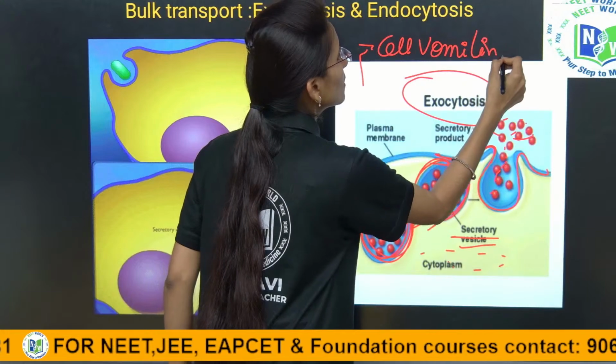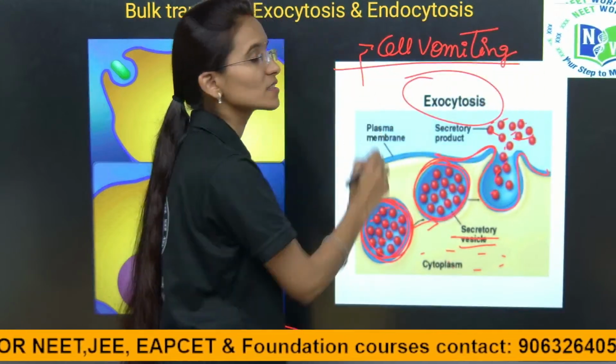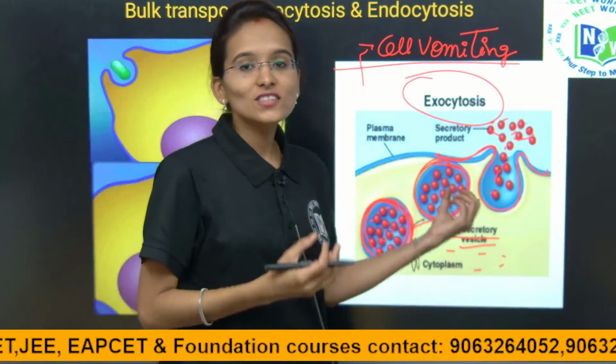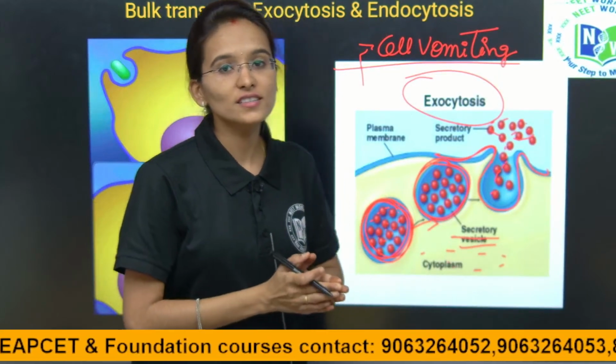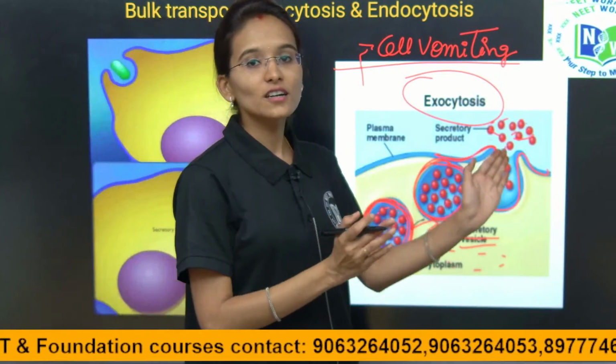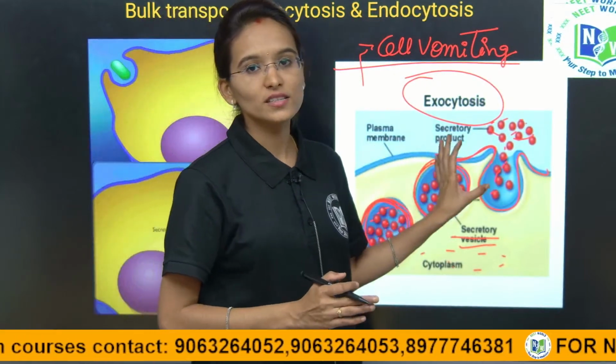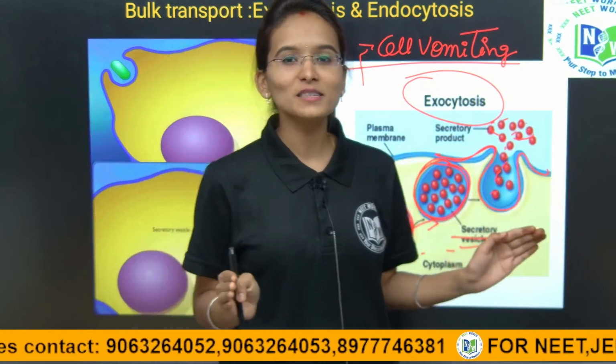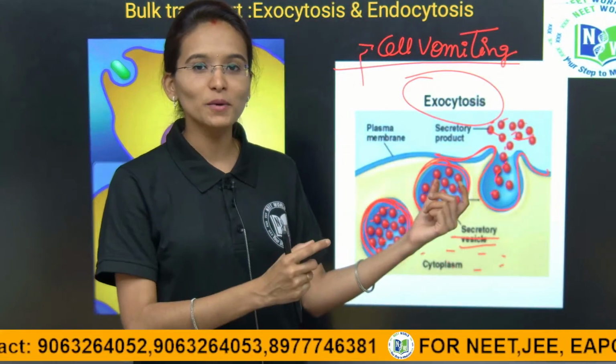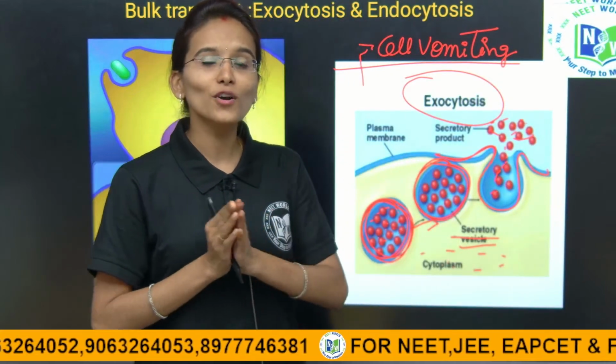The cell vomiting process is nothing but the undigested residues which are not required for the cell being transported outside the plasma membrane by creating secretory vesicles. Clear with all the concepts like the plasma membrane, its composition, and its modes of transport?